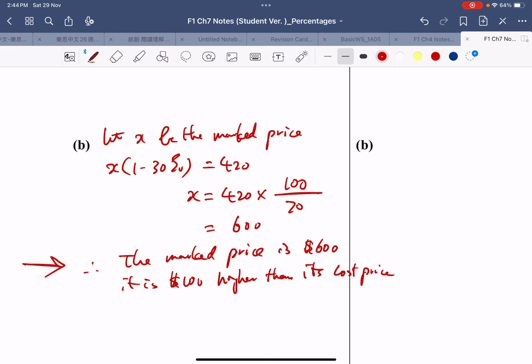You need to compare. And then this statement confirms David's claim. David's claim is agreed. You write down this. Okay, finish.